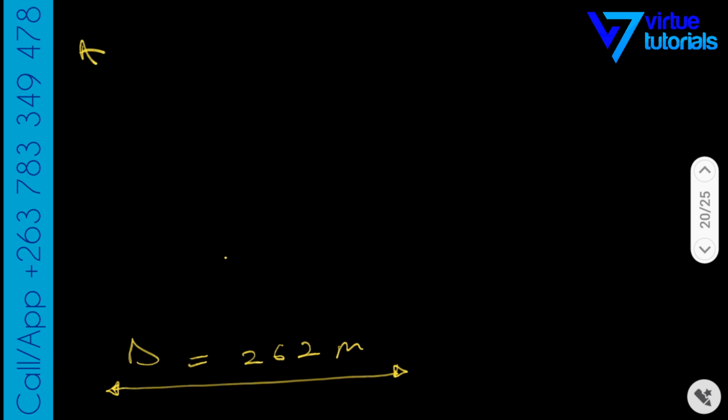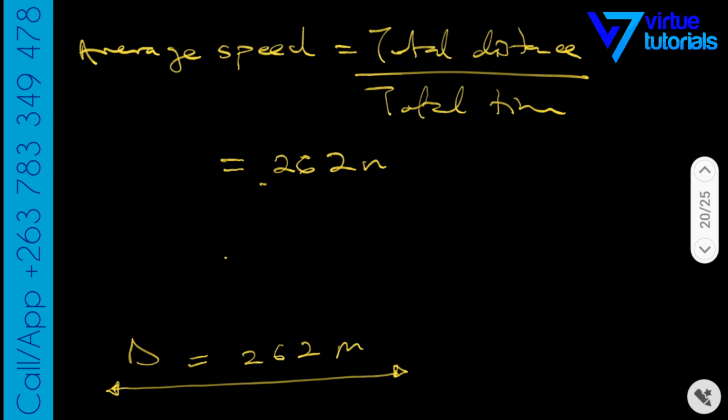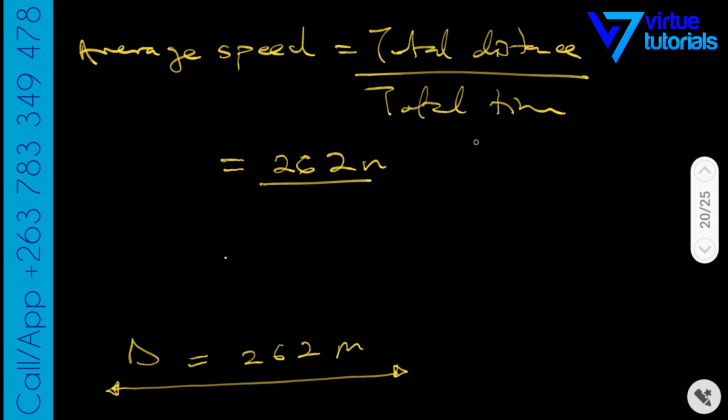We know that average speed is equal to total distance over total time. Now we know our total distance is 262 meters, from our calculation. Our total time is 16 seconds. So our average speed is going to be 262 divided by 16.